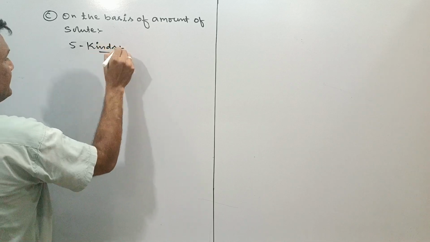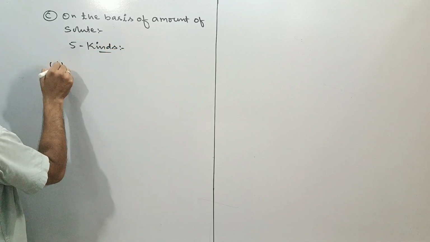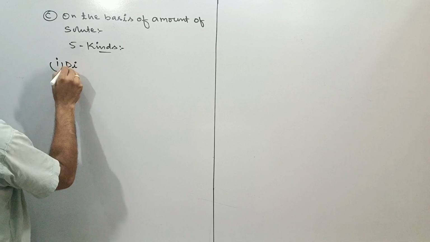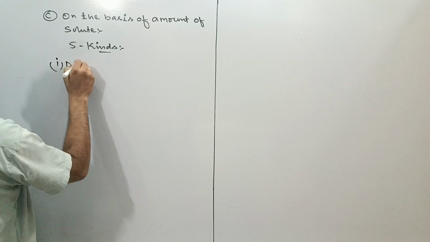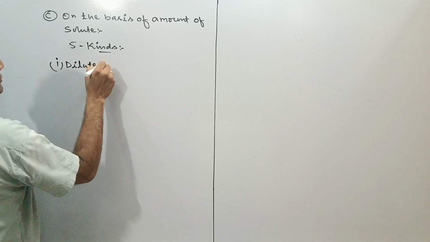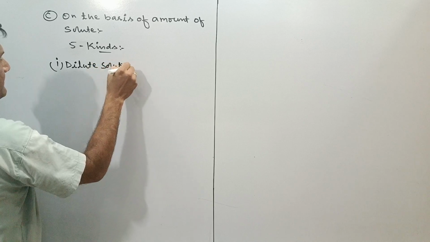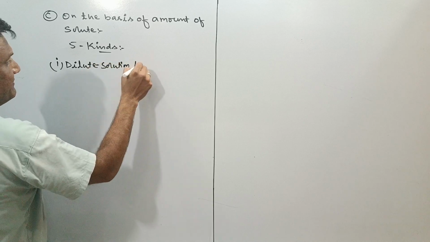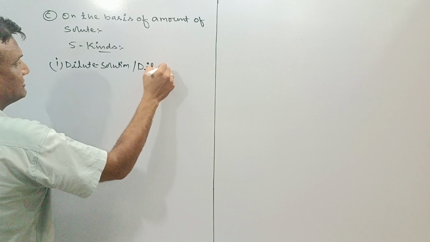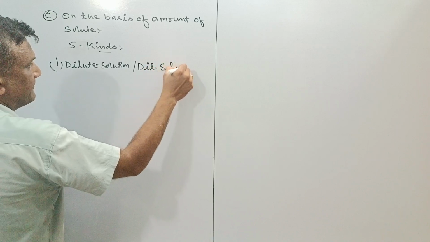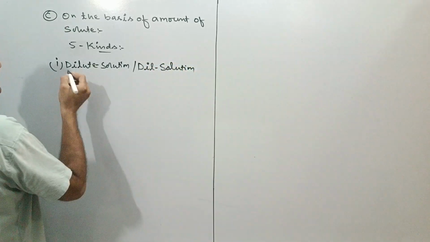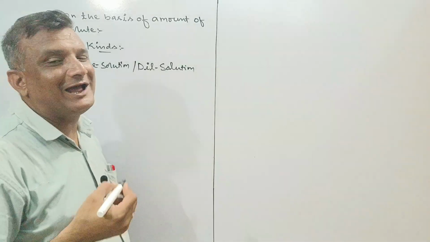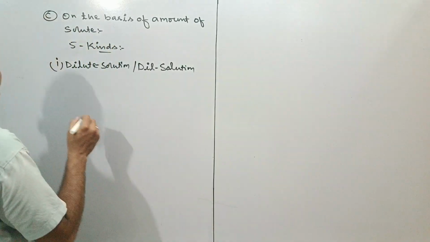What are they? First is the dilute solution. It is also denoted by DIL solution. Many times we'll use dilute H2SO4, dilute HCl, and so on.